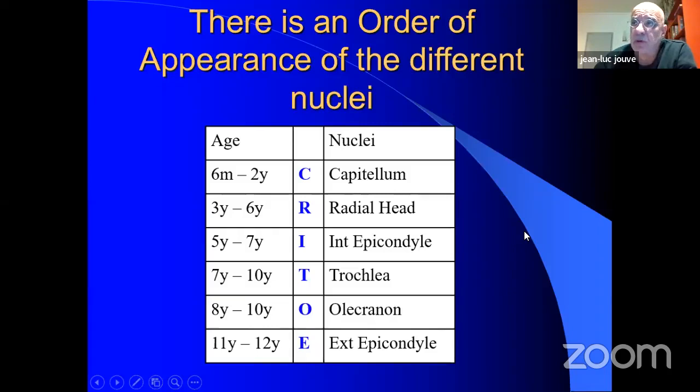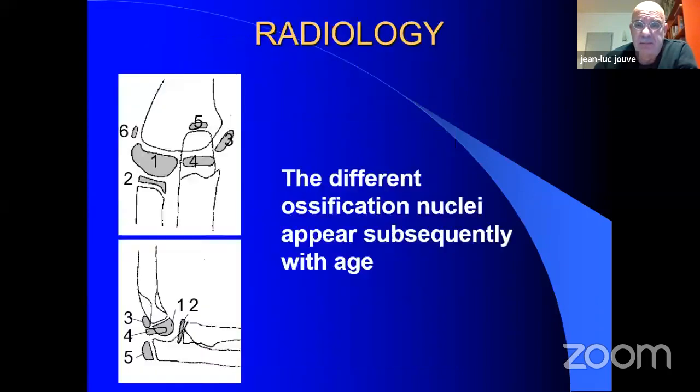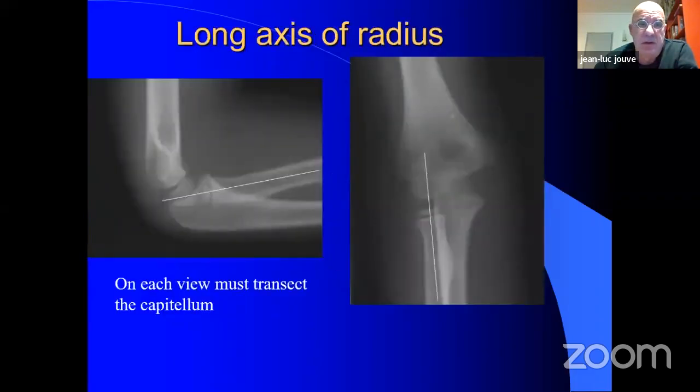This is important to avoid mistakes in the diagnosis on a simple X-ray. It's not very complex, but you have to know the age of appearance of these ossification centers.